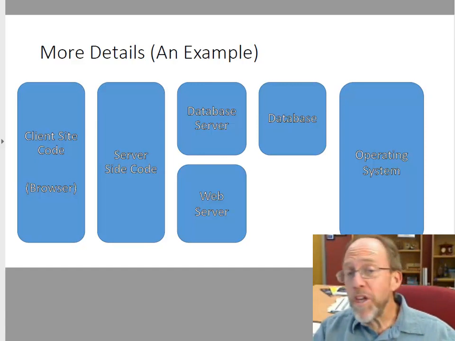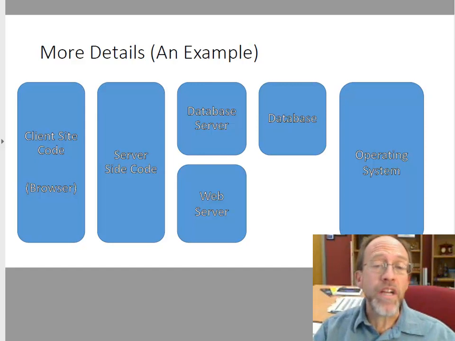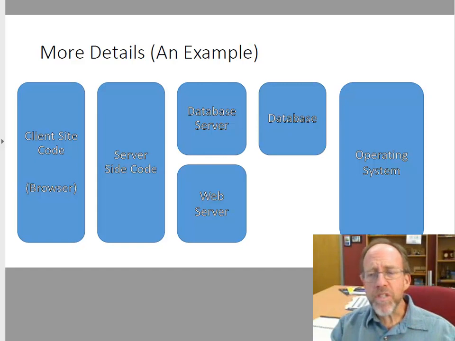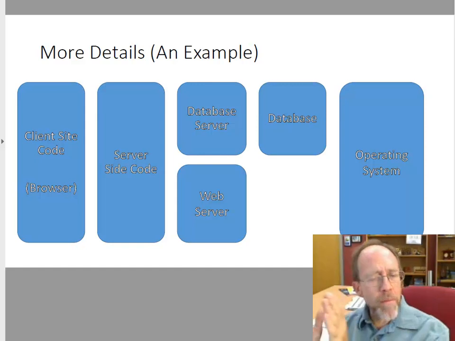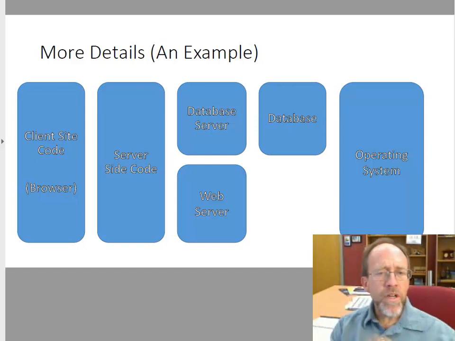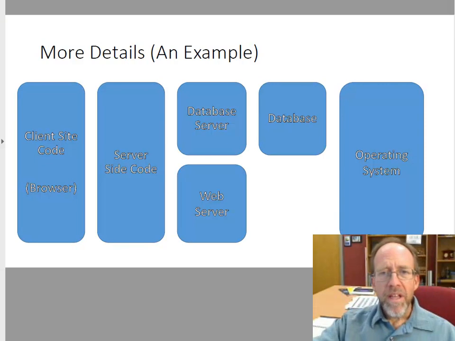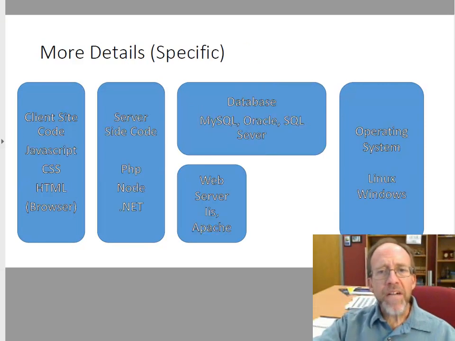And that client-side code could even have been generated by the server-side code. So there's a lot of complexity in here. But if you bring it down to its basics, you've got layers of things that take information on a server to the front end that a user sees. And we call that the stack.